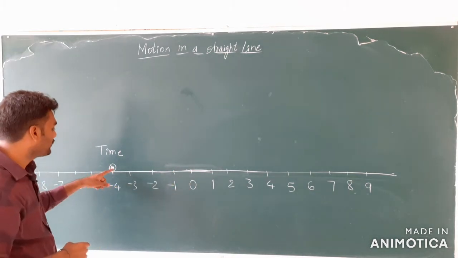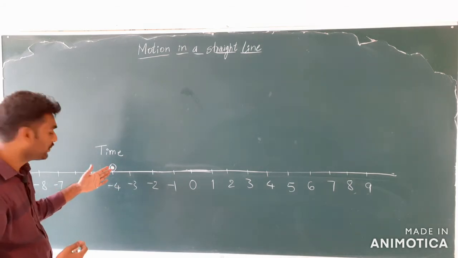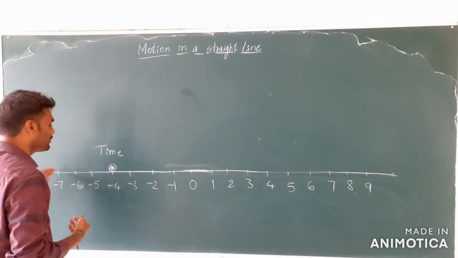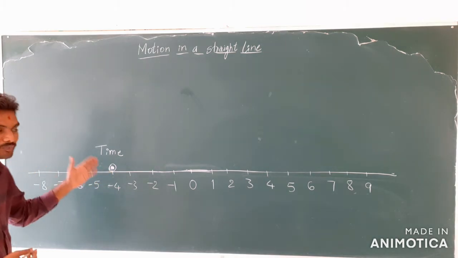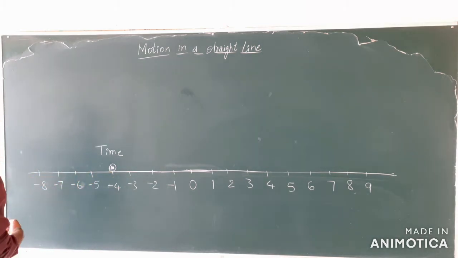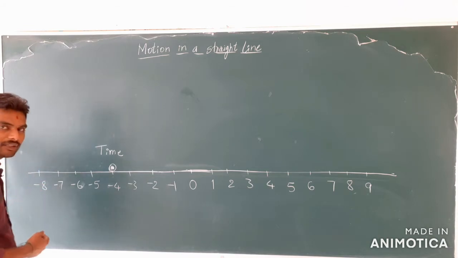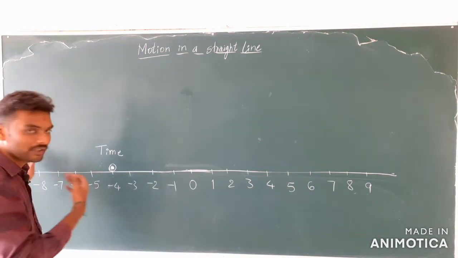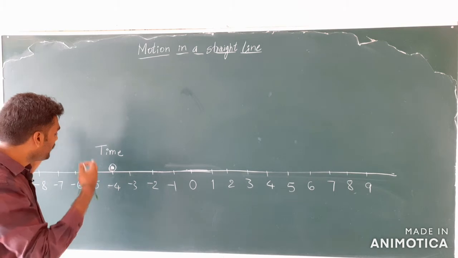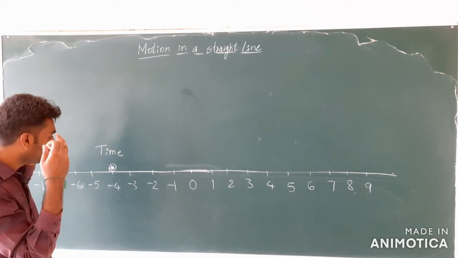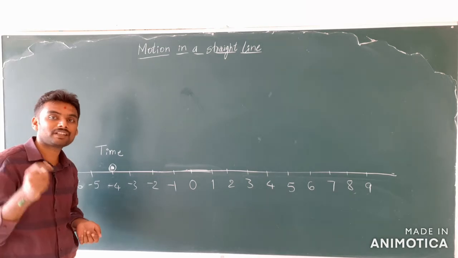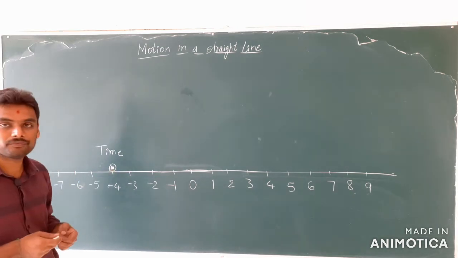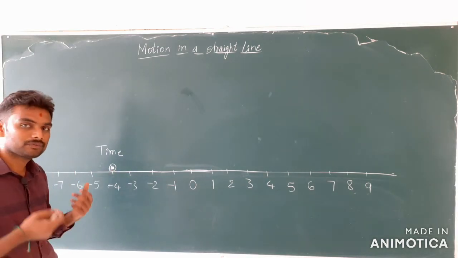This body might be undergoing any kind of motion before we start observing it, going like this. But the motion is always considered after we start observing the body. So keep this in mind.